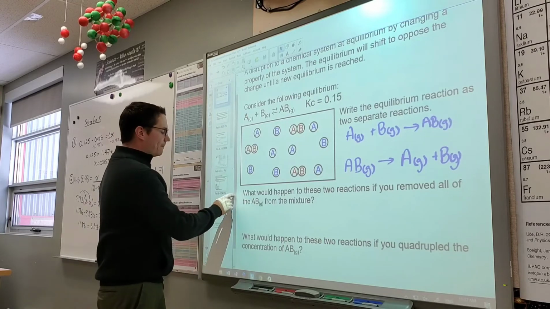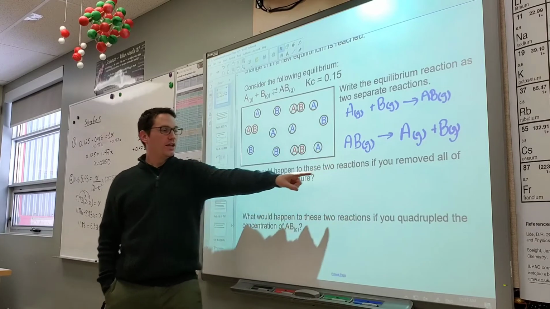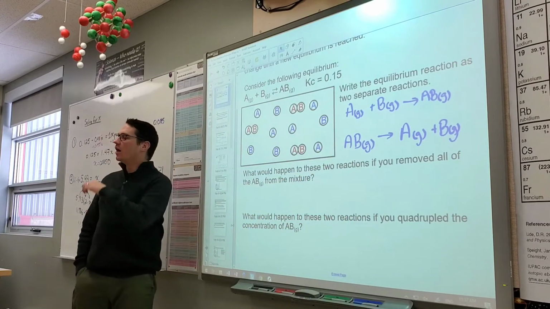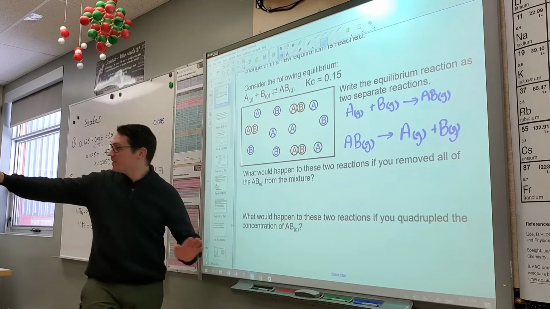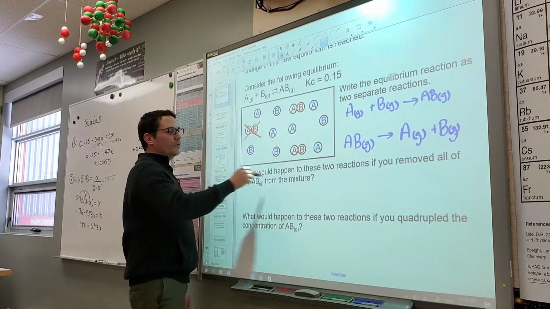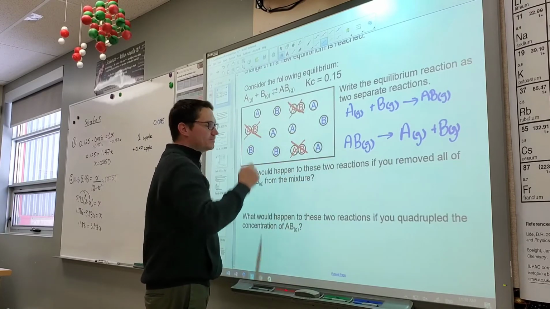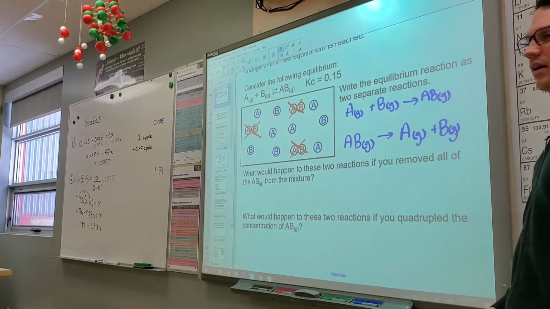Okay. What would happen to these 2 reactions if you removed all of the AB from this container? So if I took the AB, don't write this down, what I'm about to do, but if I removed all of the AB, I want you to think hard.